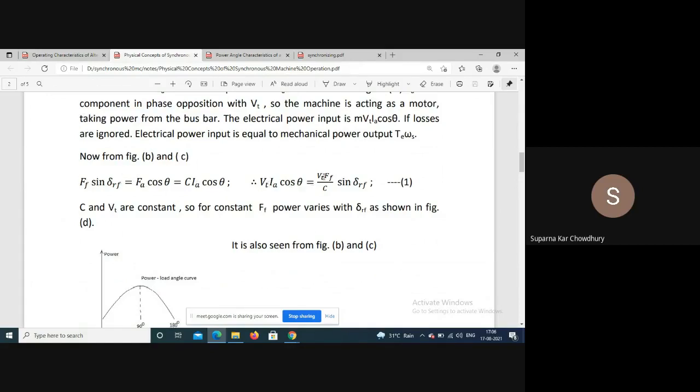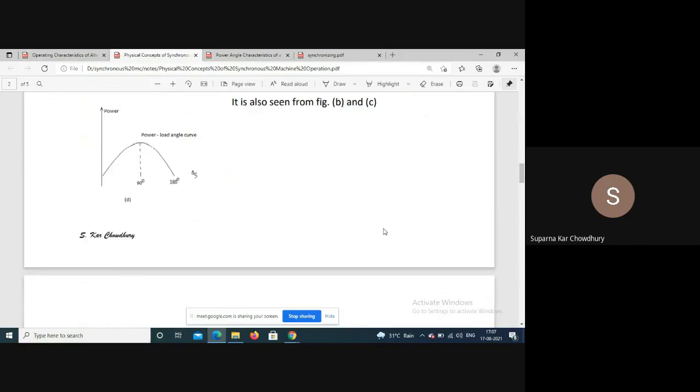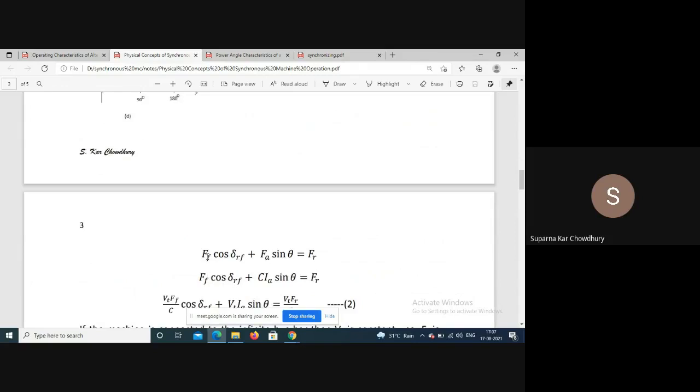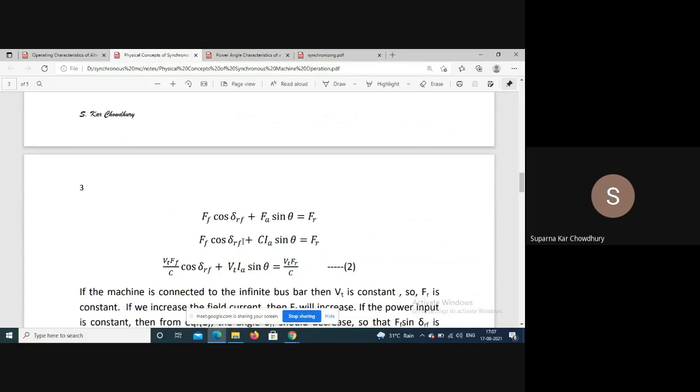So Vt Ia cos theta will be Vt FF by C sin del RF. And the other equation was FF cos del RF plus C Ia sin theta is equal to FR. Dividing by C and multiplying by Vt, we get Vt FF by C cos del RF plus Vt Ia sin theta is equal to Vt FR by C.